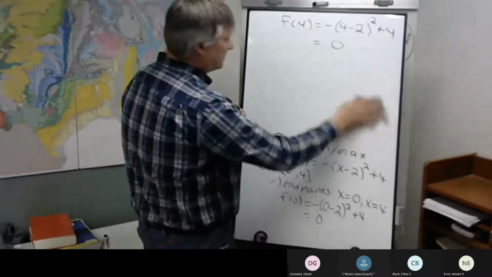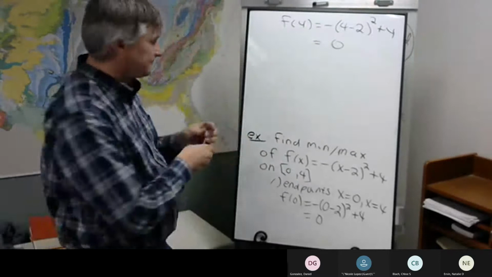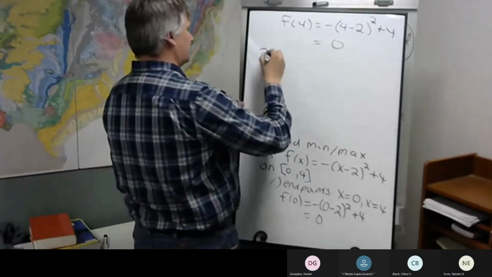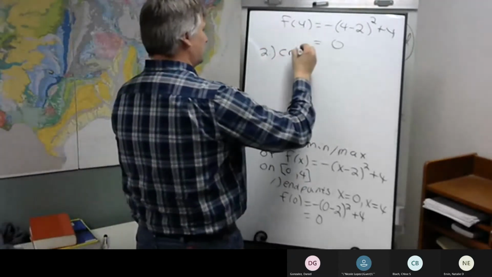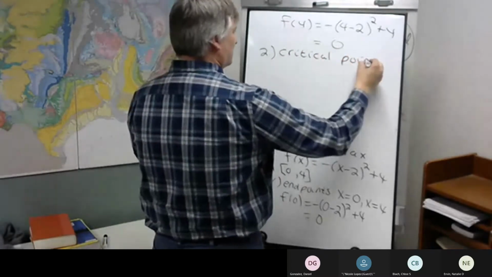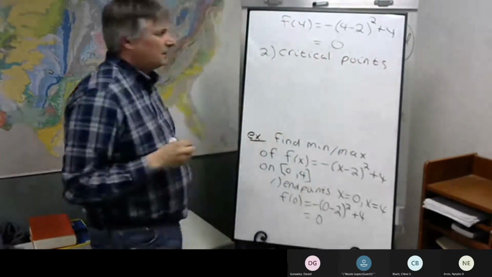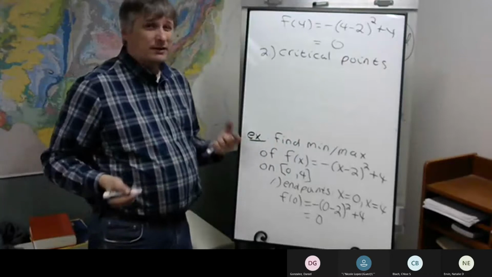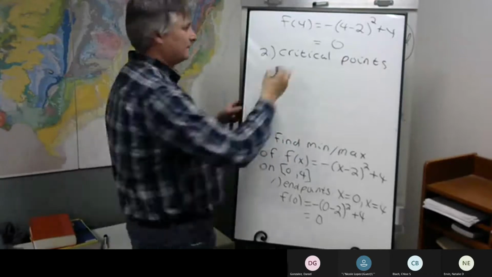So let's take a look for critical points. For critical points, we want to take the derivative of f.